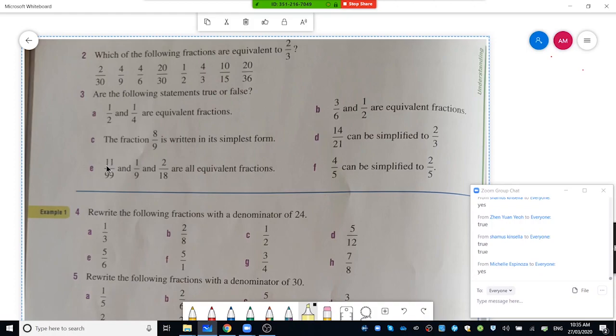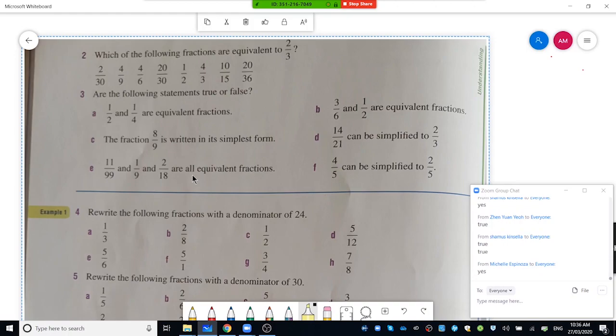So if we divide 11 by 11 we get 1, and 99 by 11 we get 9. So 11 over 99 and 1 over 9 are equivalent fractions. And if we multiply 1 by 2 and also the denominator 9 by 2, it becomes 2 over 18. So all three are equivalent fractions. So it is true. Very nice.